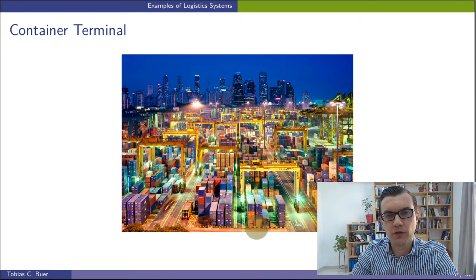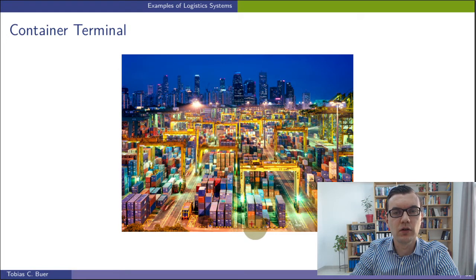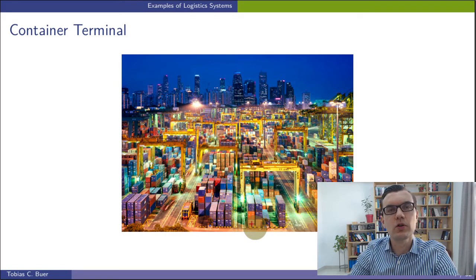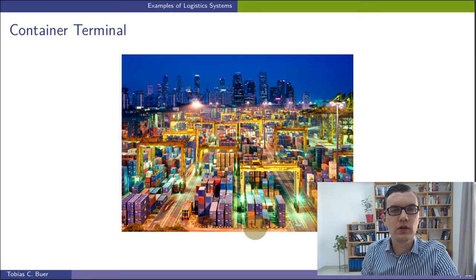So for example, if you pick a container that is at the bottom, you first have to remove the containers stacked on top of the target container. And if you have no plan, maybe you need to make a lot of idle moves with the crane, and then this takes a lot of time.